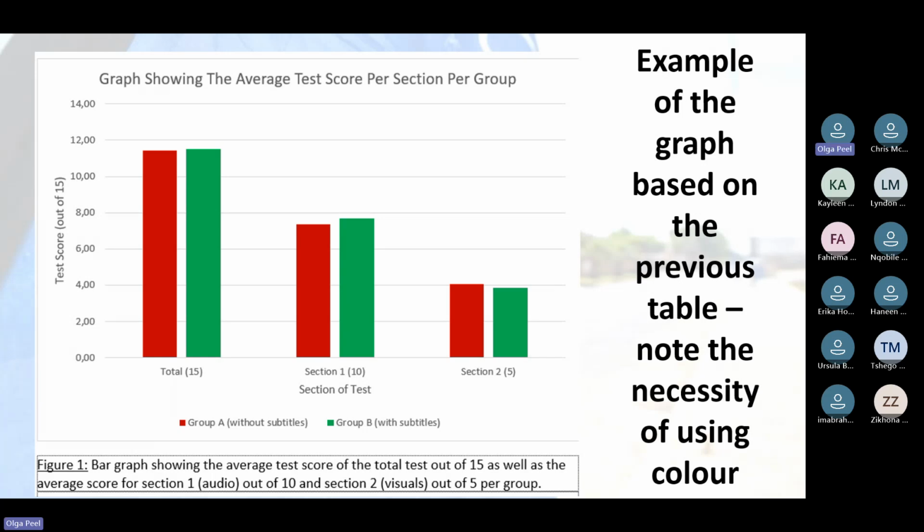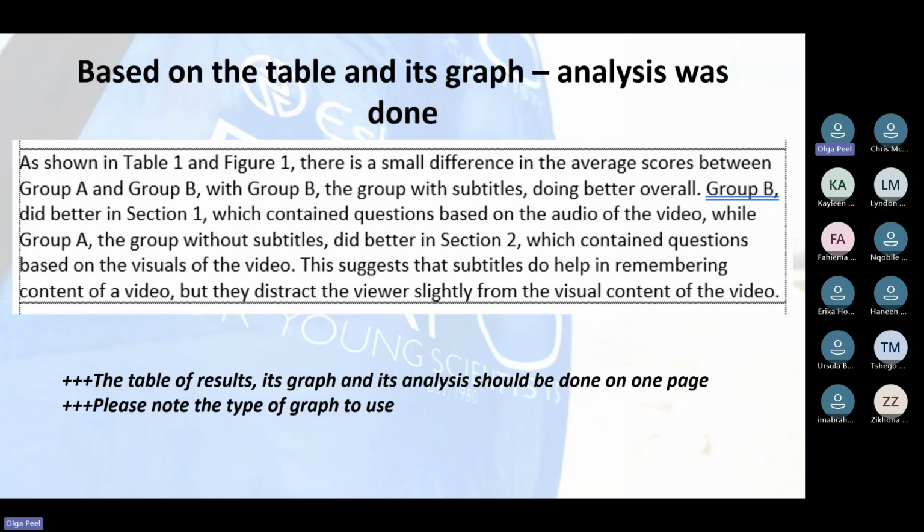Let's have a look at their analysis. You can actually put the results, the graph, and the analysis on one page, because that follows really nicely. So they referred back to table 1 and figure 1, and then they actually put the information into words.